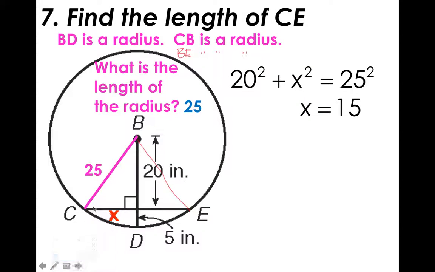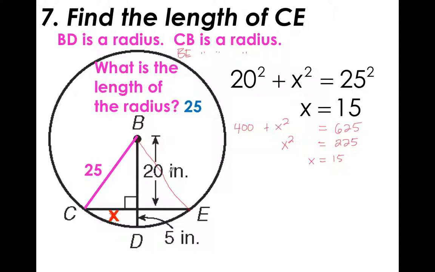But if we show it, we had 400 plus x squared equals 625. And we subtract 400 from both sides, and we end up getting x squared is equal to 225. And once again, we take the square root, and we get x is equal to 15.